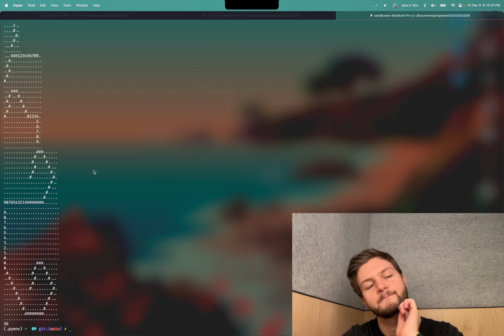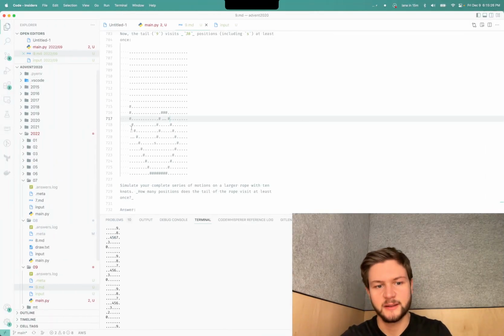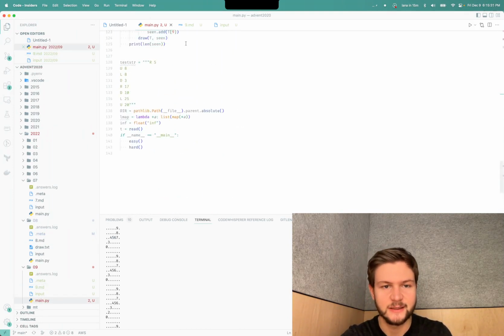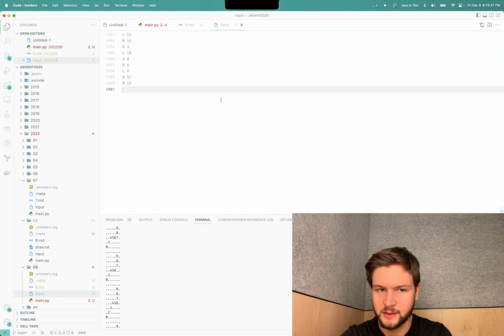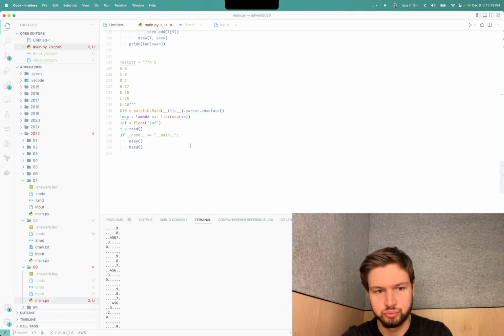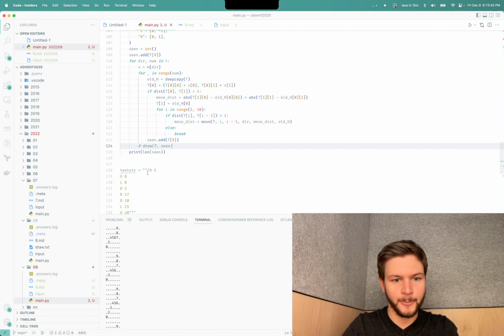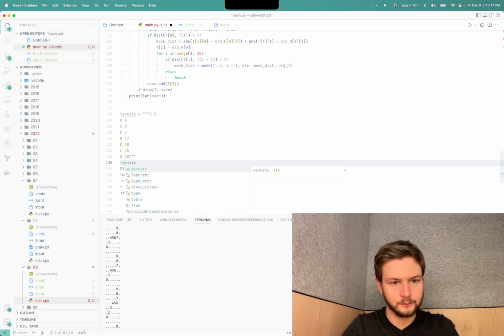I always love when it's working perfectly for the exemplary input, but then if you're running it for the real input, it doesn't work anymore. I am at a loss for words.